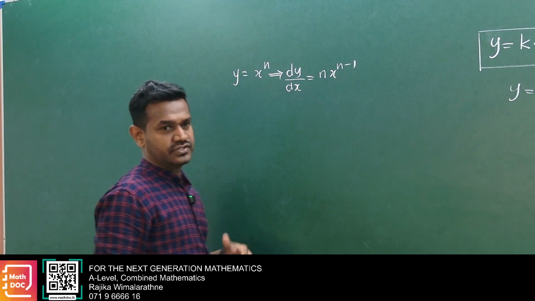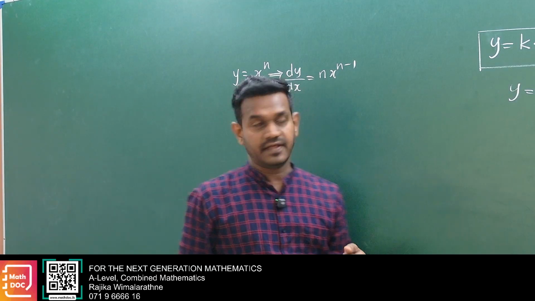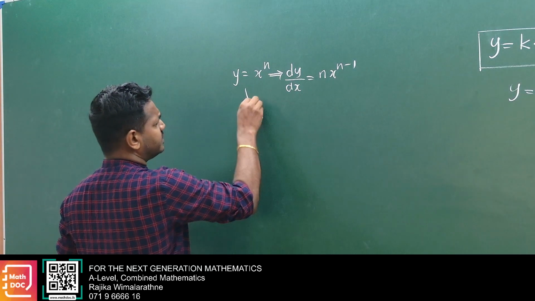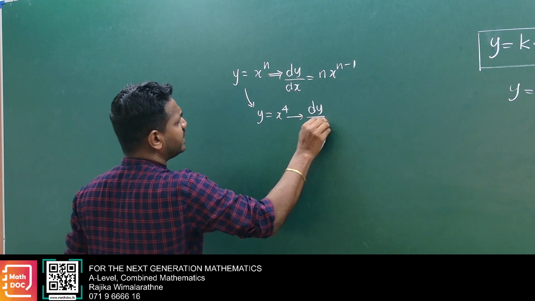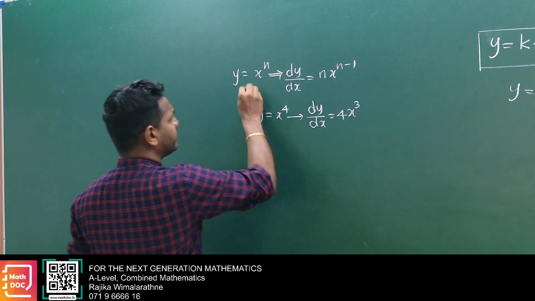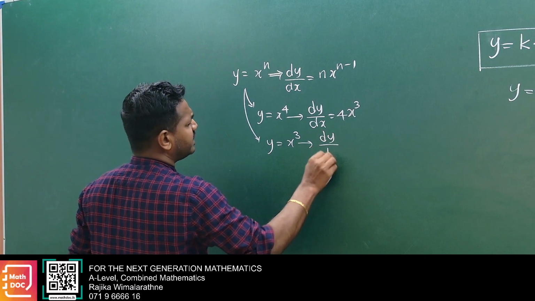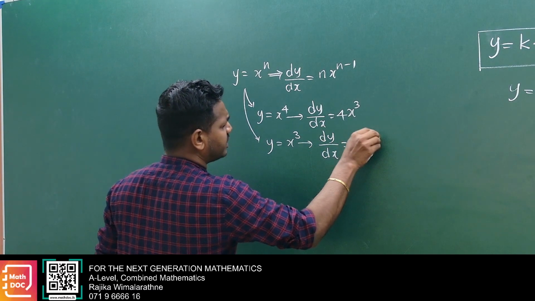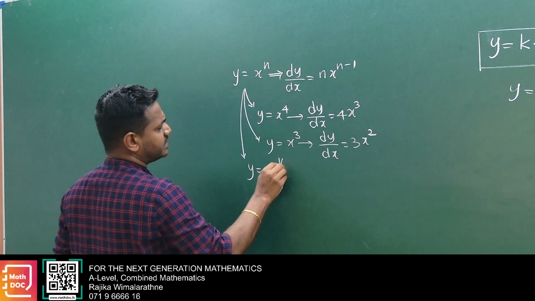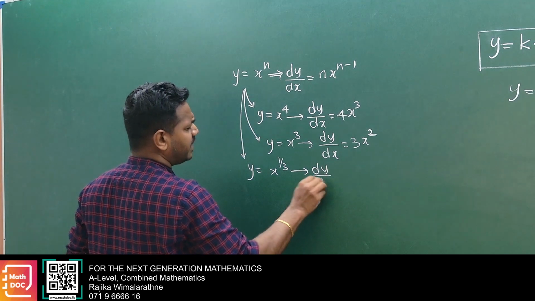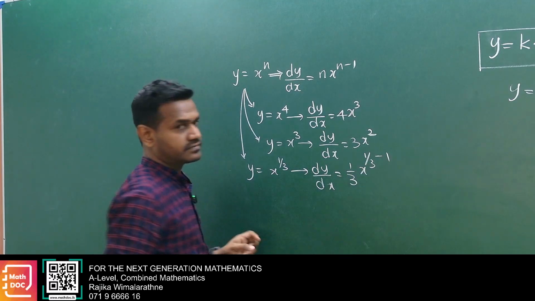So y equals x to the power 4, derivative dy by dx equals 4x cubed. Y equals x cubed, dy by dx equals 3x squared. Y equals x to the power 1/3, dy by dx equals 1/3 x to the power 1/3 minus 1.